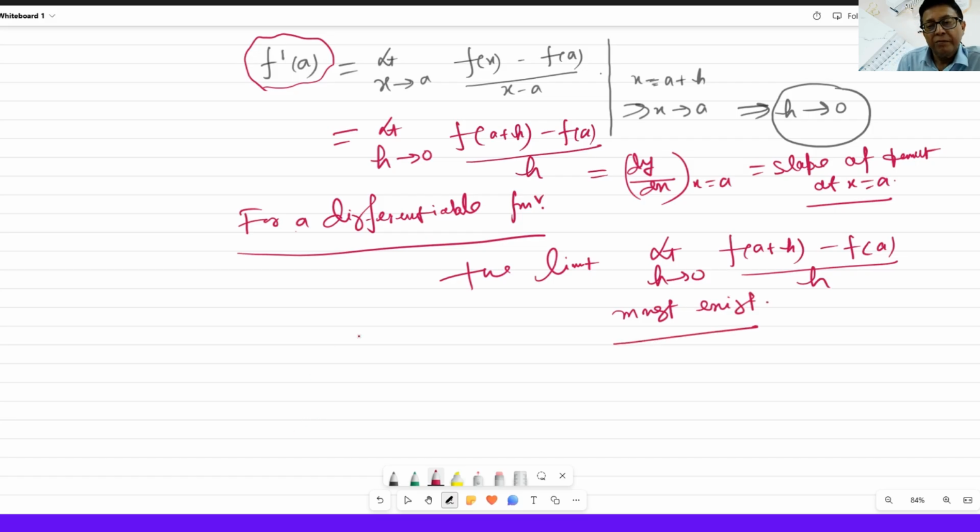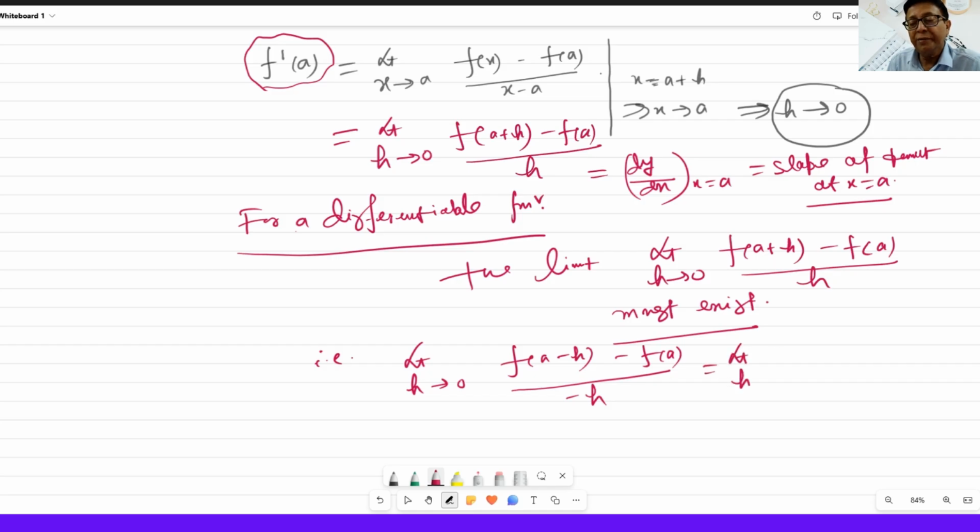That is, limit h tending to 0, f of a minus h minus f(a) by minus h, and f of a plus h minus f(a) by h.